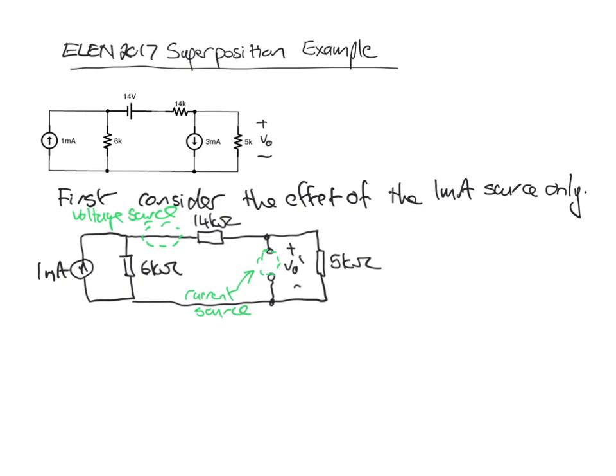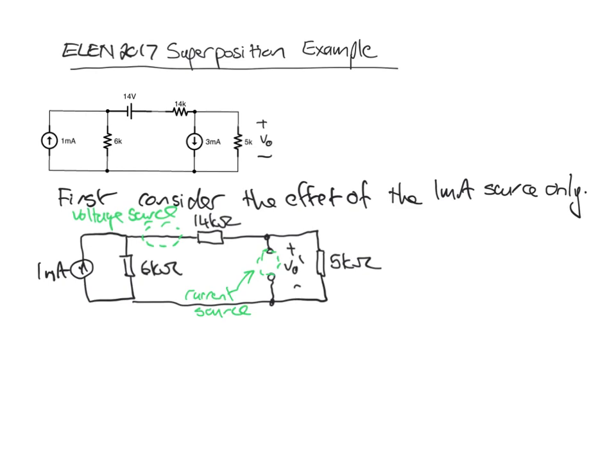Basically we have a current divider here, so this current is flowing, some of it in here and some of it in here, because this is a 6 kilo ohm resistor, and these two resistors are now in series, so they form together a 19 kilo ohm resistor.